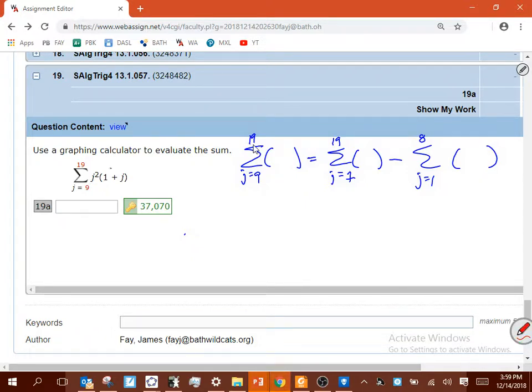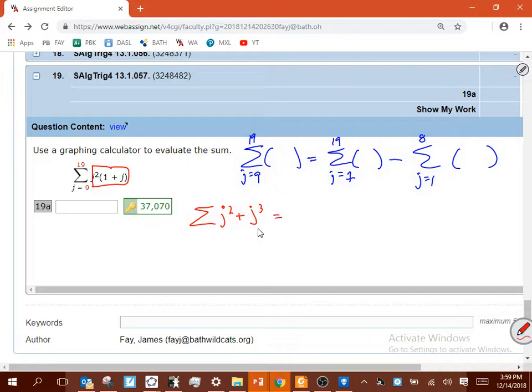Now, I don't like J squared times 1 plus J, so I'm going to rewrite this. I'm just going to distribute the J squared, so it gives me J squared plus J cubed.